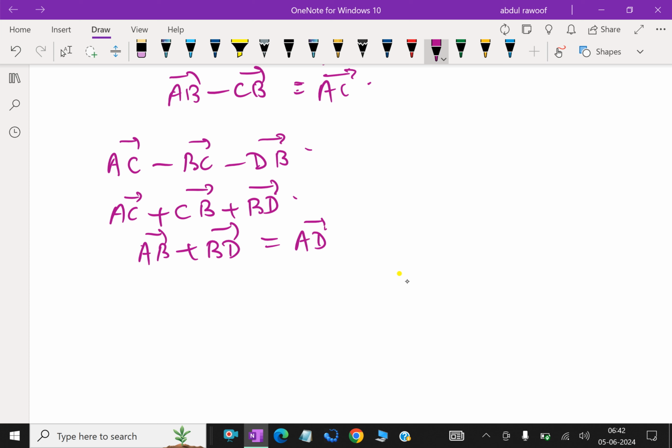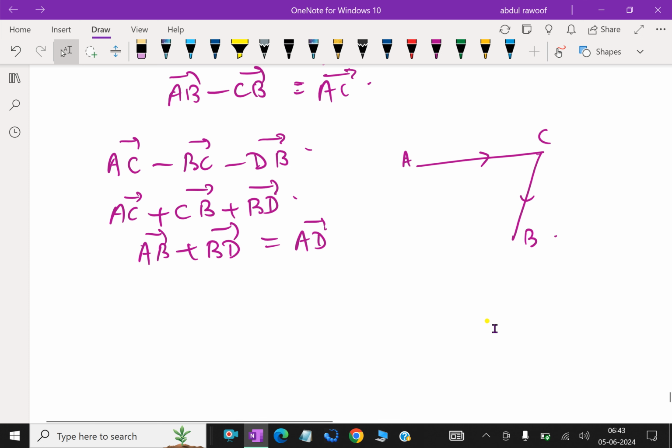Here this is vector AC, then vector CB, then vector BD.